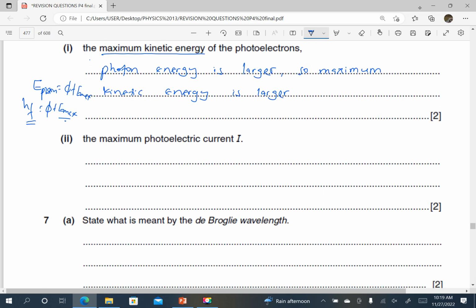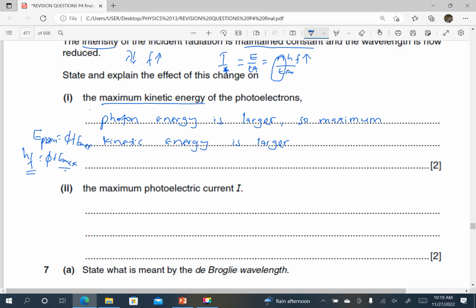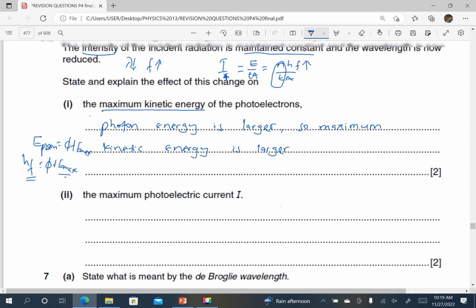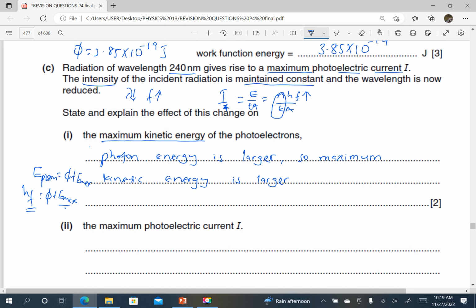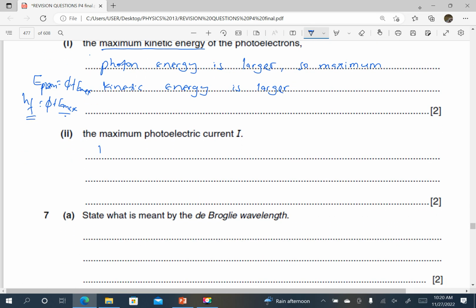Then the maximum photoelectric current I is the number of electrons emitted per unit time. Intensity is not changing. How many electrons are emitted per unit time? The intensity of the radiation is remaining constant, so we can now have fewer photons incident on the area per unit time because they will now have more energy. Because the wavelength is reduced, the frequency is increased.